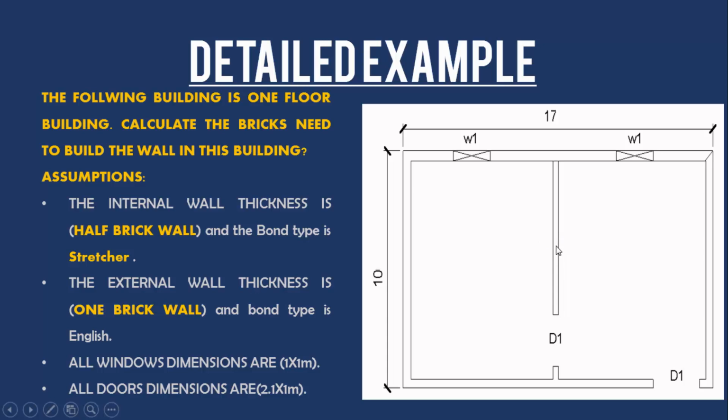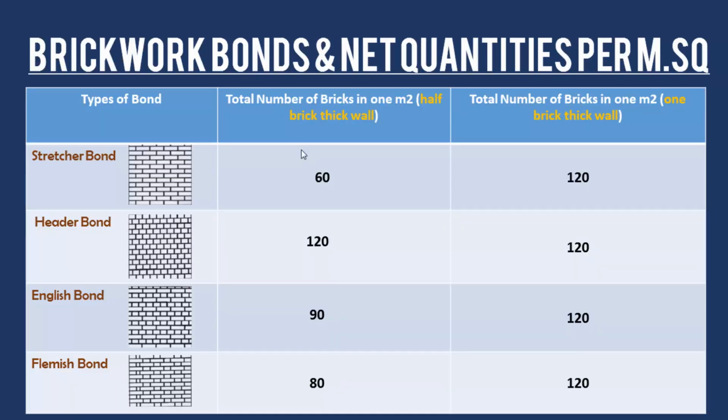This internal wall has a thickness of half a brick with the stretcher bond. The external wall has a thickness of 1 brick with English bond. Because in the previous example we have 2 types of bond, the stretcher and the English.